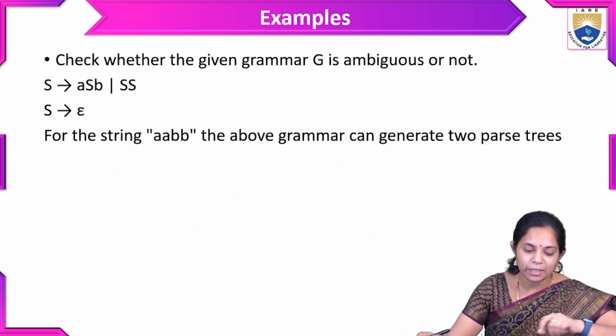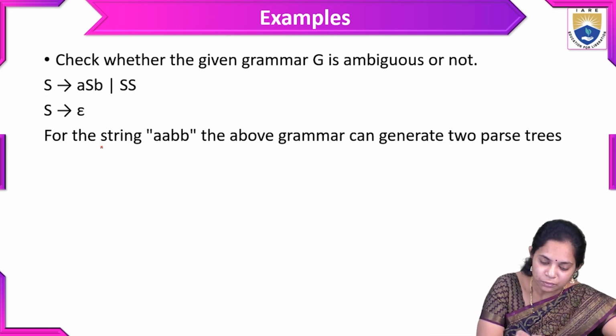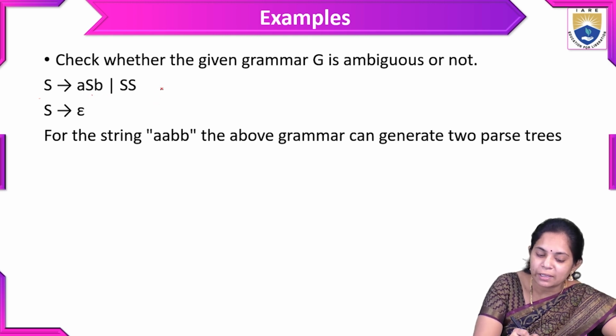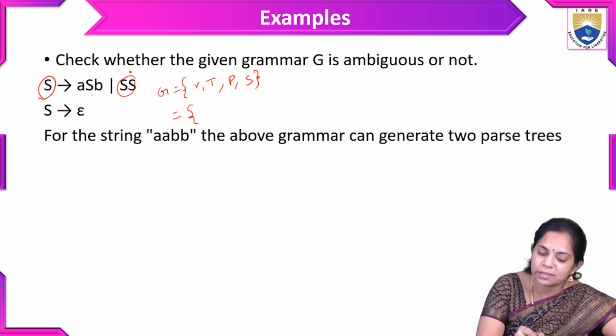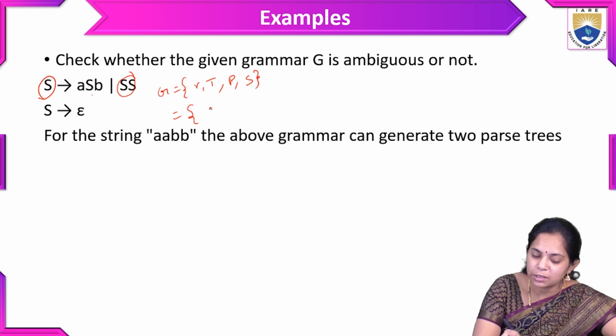Here we have taken S tends to A capital S B. Let me write the grammar for this one. What does the grammar contain? V, terminals, production rules and start symbol. What is V? What are the capital letters involved in this grammar? Only one capital letter S is there.